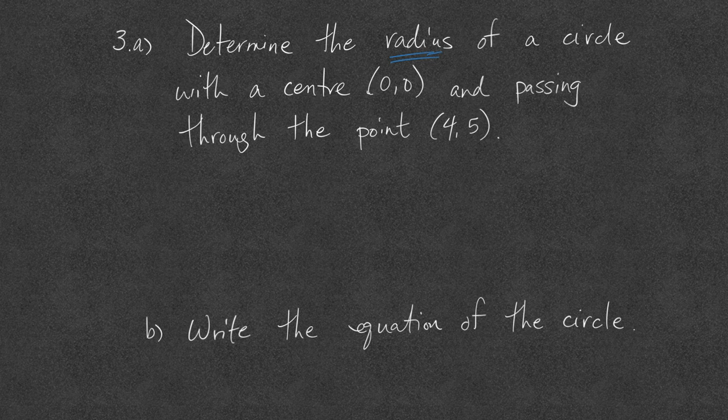So I might look at it and say, well, there's my radius, and I know my radius would be the length of the line that is the hypotenuse on a right triangle. Maybe you jotted down a quick picture, going from 0, 0 out to 4, 5, so you can see that radius.